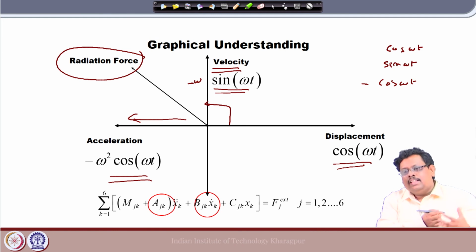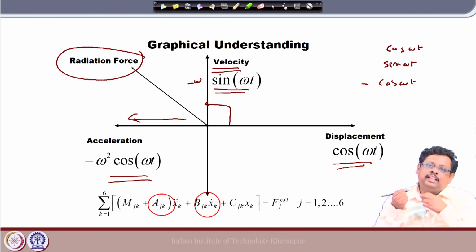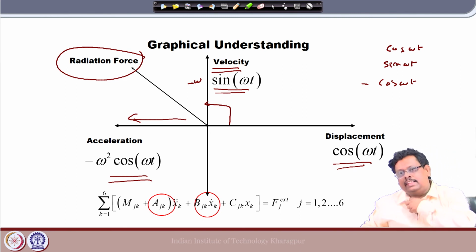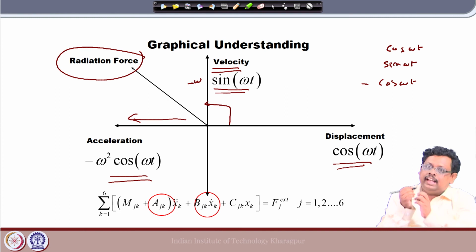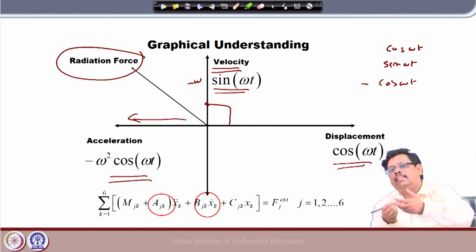Therefore, the signal of the radiation force should again be cos omega t, but with a phase epsilon, and because of this phase lag, one component is along the velocity and another component is along the acceleration. The component along the acceleration we call added mass, and the component along the velocity we call damping.